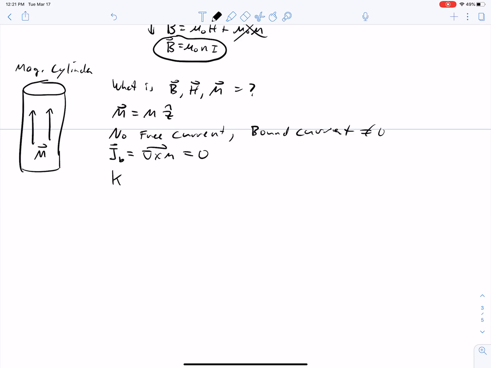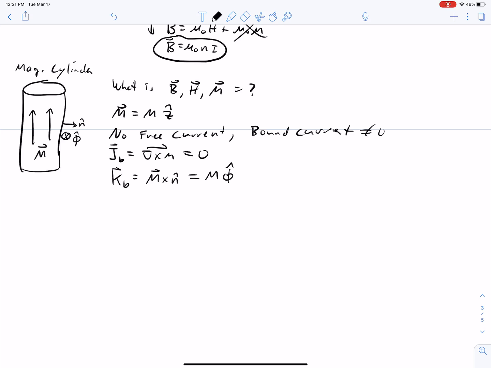But the surface bound current is equal to M cross N hat. If we look at this construction, the N hat is pointing in that direction, and so M cross N hat is pointing in the phi hat direction. So K B equals M cross N hat is simply equal to M times phi hat.